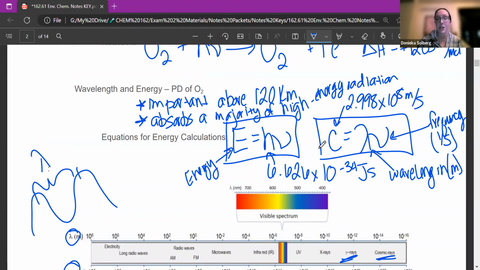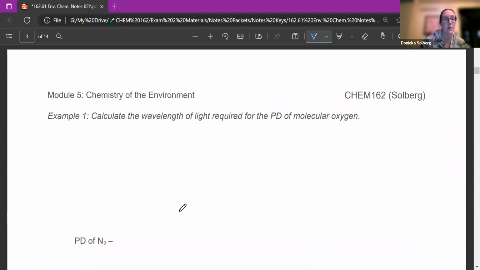This is the amount of energy for one particle, like if one wave hits one molecule. These are for one particle, which could mean atom or molecule. So if I'm talking about a mole, you are going to have to divide by Avogadro's number in order to get the amount of energy for one molecule. That's going to come into play here in example number 1.